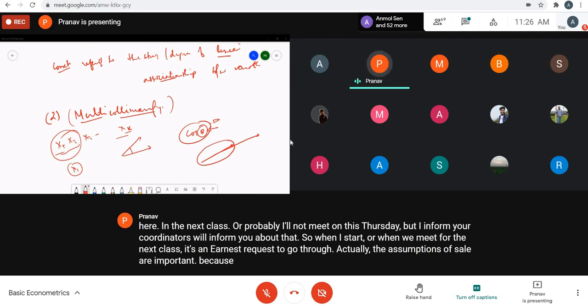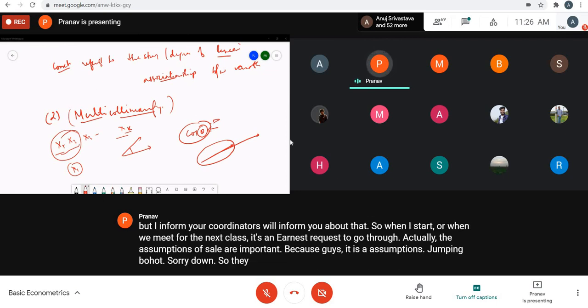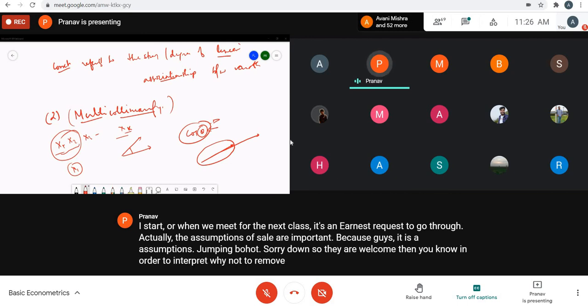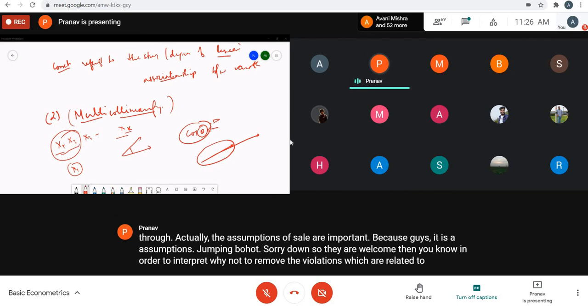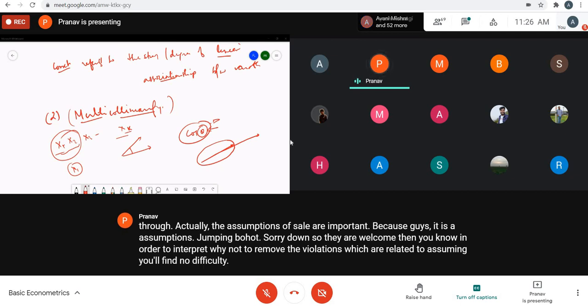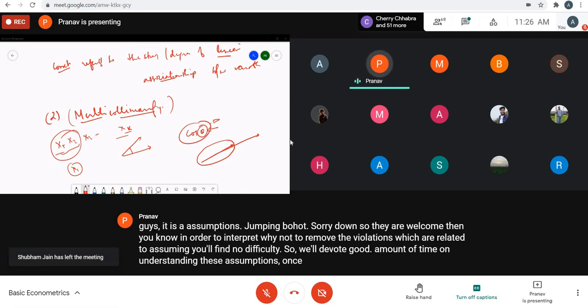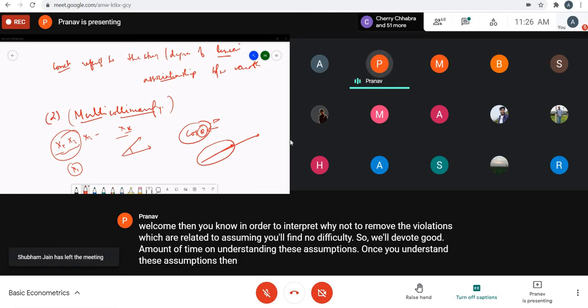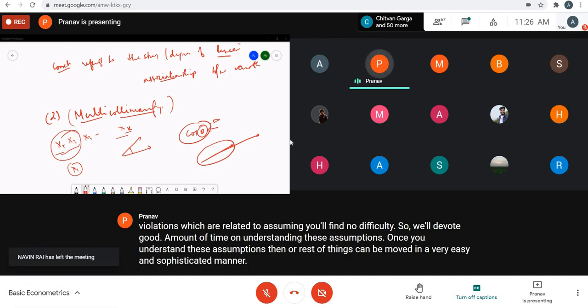Because guys, the assumptions are where a lot of doubts arise, and once the assumptions are clear, then in order to interpret, or to remove the violations related to the assumptions of CLRM, you'll find no difficulty. So we'll devote a good amount of time to understanding these assumptions. Once we understand these assumptions, the rest of the things can move in a very easy and sophisticated manner. So I stop here. Is there any question that you'd like to ask?